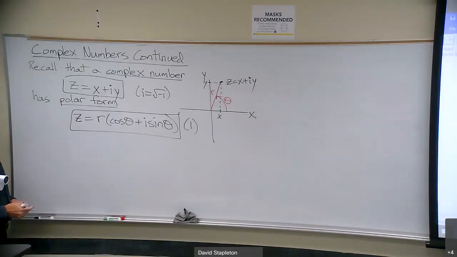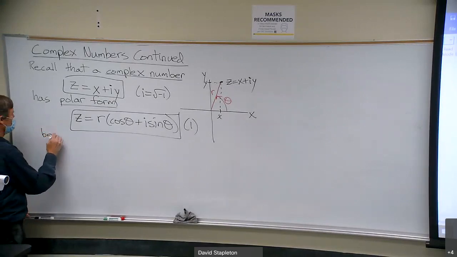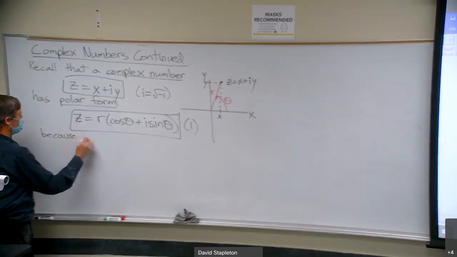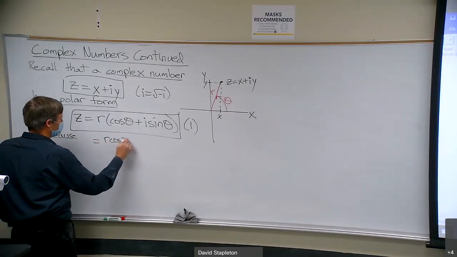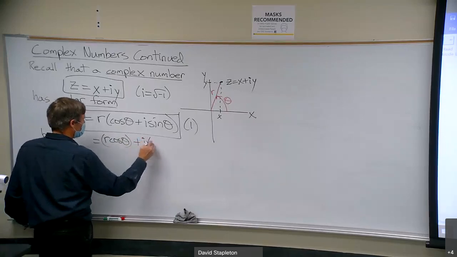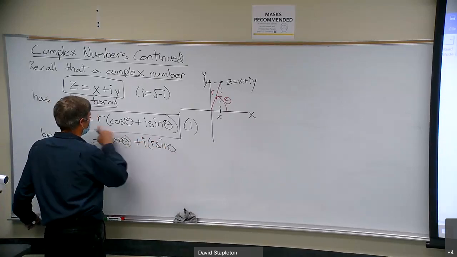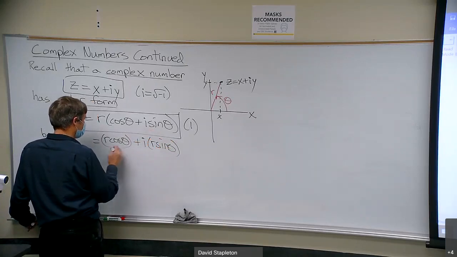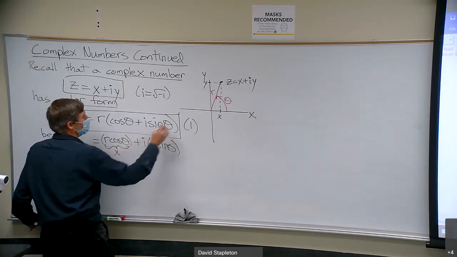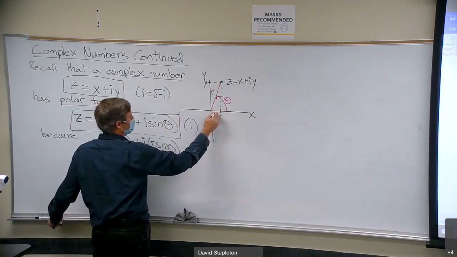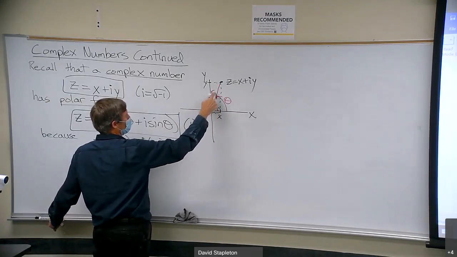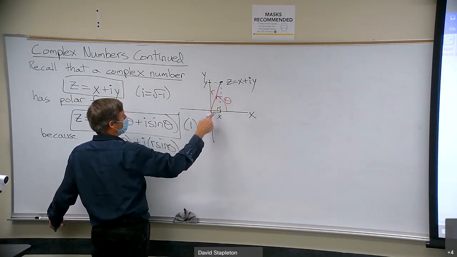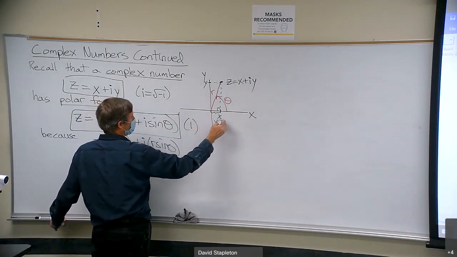Why is that so? It's because if you just multiply this out, this is equal to r cosine theta plus i r sine theta. That's just by multiplying out this times this plus this times this. And this from polar coordinates is x, right? If you drop the perpendicular here, x over r is cosine theta, so x is equal to r cosine theta.